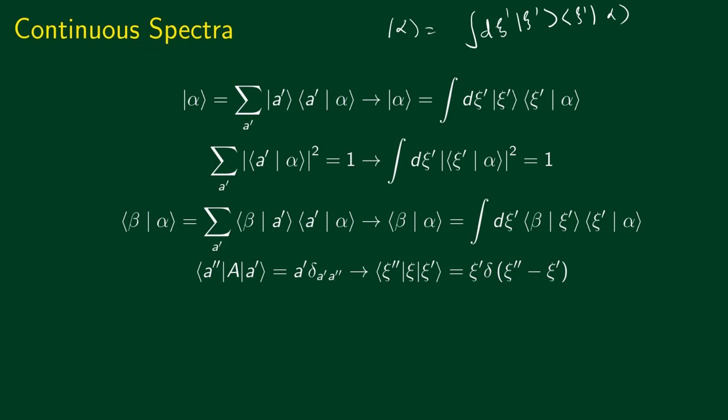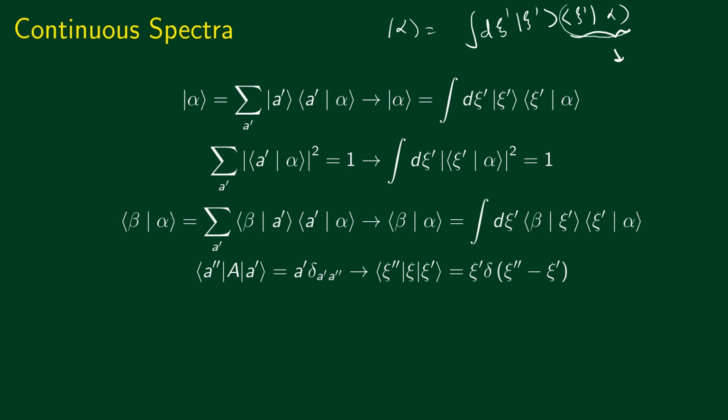Now you can interpret these numbers, bra psi prime ket alpha, as the expansion coefficients in the same sense as here. But since there is a continuous infinity of expansion coefficients, it's better to think of this as some function of psi prime. Corresponding to every psi prime, you get a complex number.